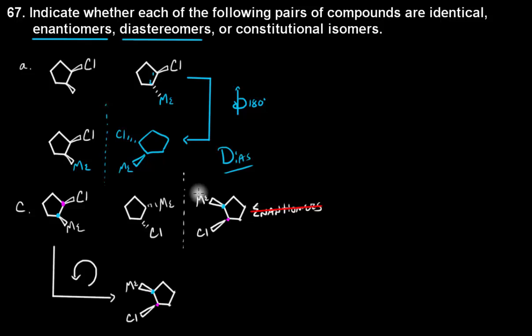We know we can't have that because we have the same regiochemistry, or the same connectivity. So the constitutional is right out as well. We're going to block that guy out. So constitutional is out, enantiomer is out. We still have two items on the table, diastereomers or identical. Okay, so that is also a possibility.